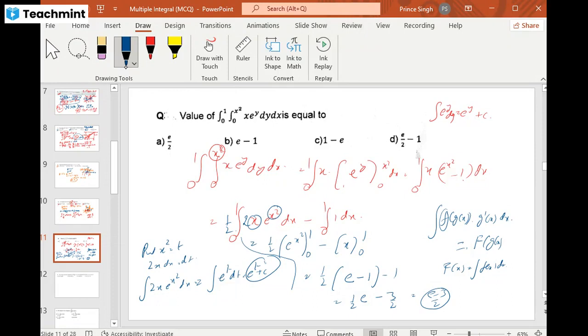The limit is 1 by 2 only. So the answer is e power x square with the limit 0 to 1. Okay, so it means that there may be some calculation mistake here. So the answer which should be e minus 3 by 2.